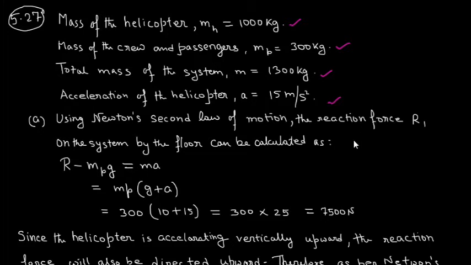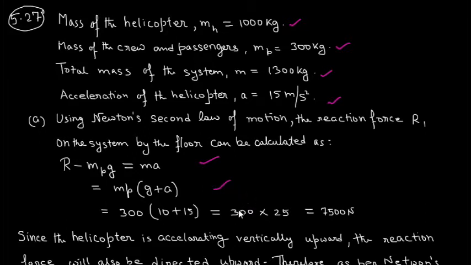A. With Newton's second law of motion, the reaction force R1 on the system by the floor can be calculated as R minus m_p g is equal to m_p a. Then R = m_p (g plus a).